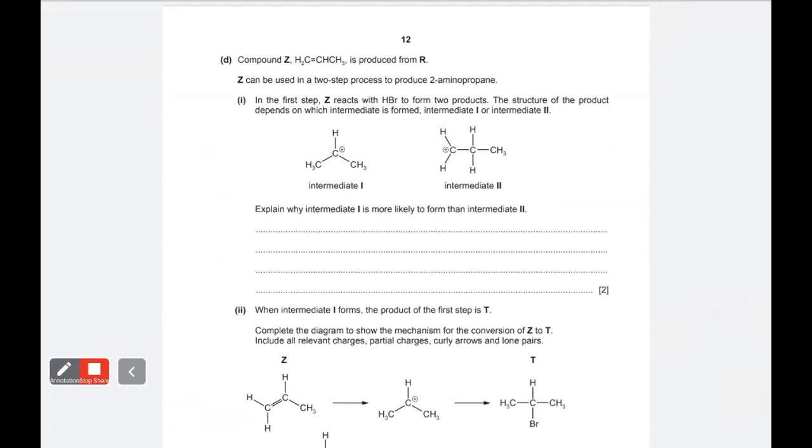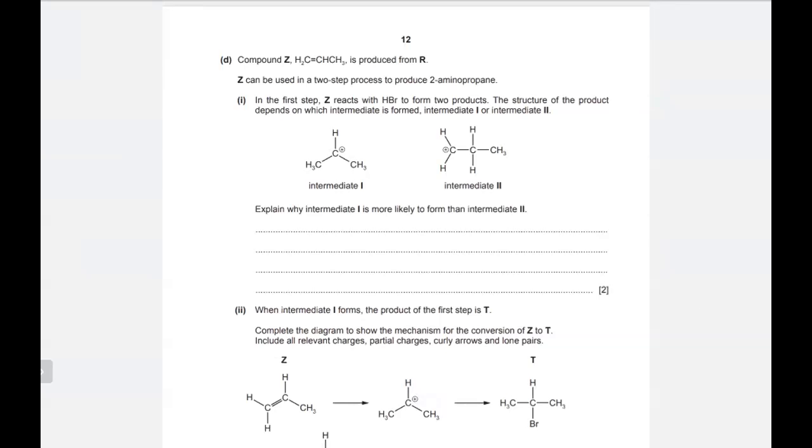Compound Z is produced from R. Z can be used in a two-step process to produce 2-amino propane. First step, Z reacts with HBr to form two products. The structure of the product depends on which intermediate is formed. Intermediate 1 is more likely to form than intermediate 2. Intermediate 1 is a secondary carbocation.